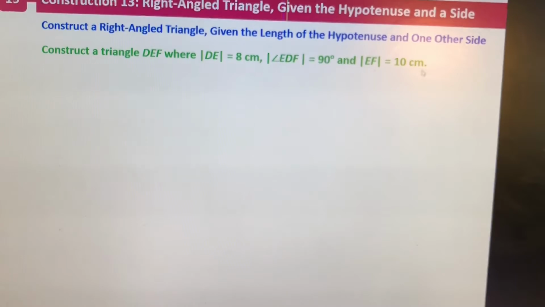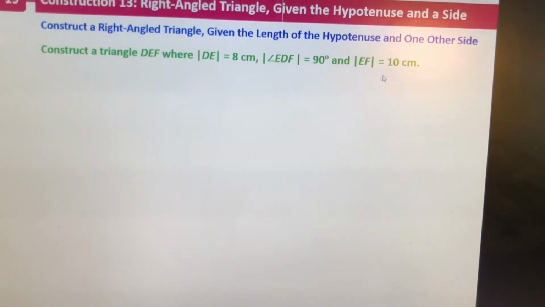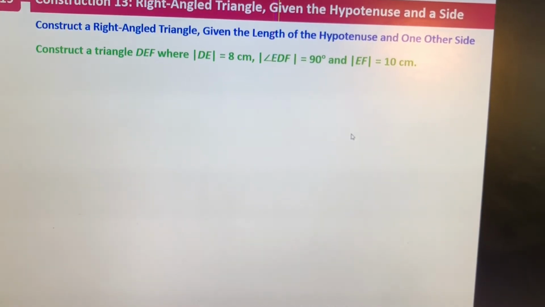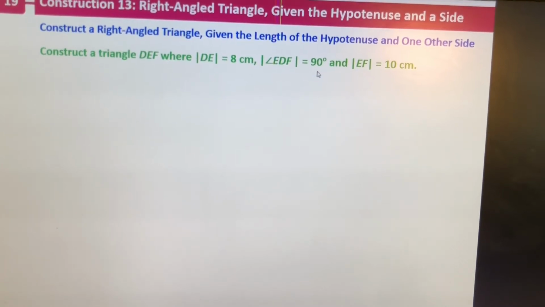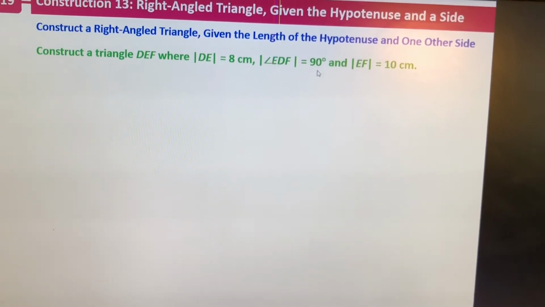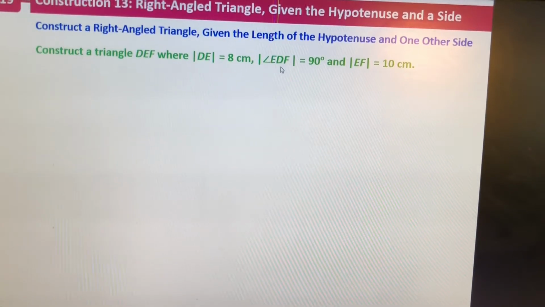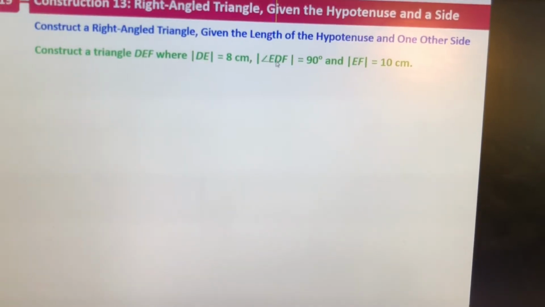Now, in previous constructions of triangles, we may have chosen EF, the largest side that we've been given, as the base. But in this case, as we know that we have a right angle, we have to pick a base side that has the letter D in it, where the angle sits.